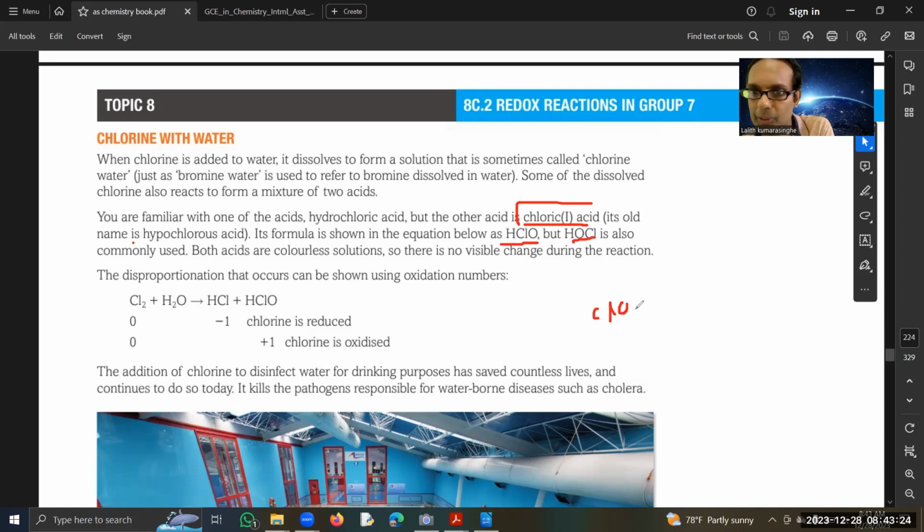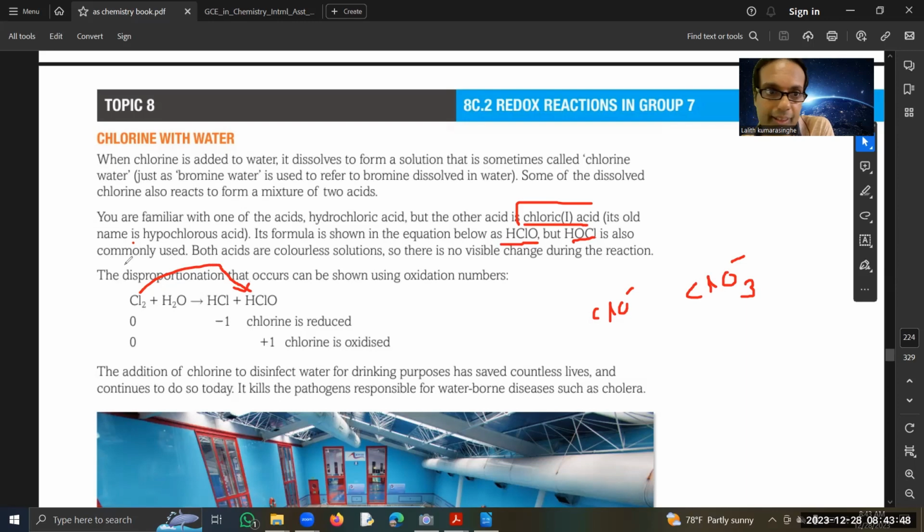Chlorate(I) and chlorate(V) ions, two kinds of ions are there. Chlorate(I), this is chlorate(V). With water it will react and form chlorine gas.